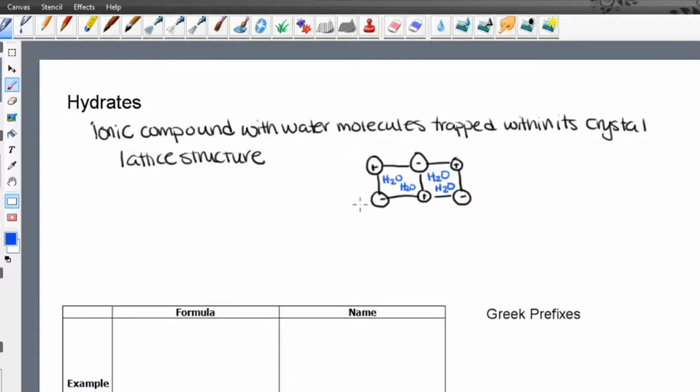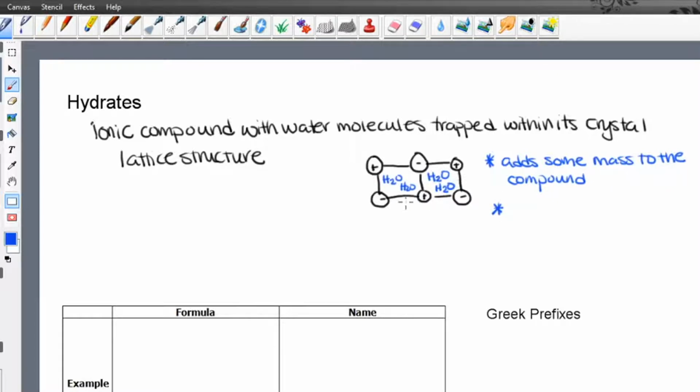So there's no chemical bond happening here, but this additional water inside the structure adds some mass. So hydrates have added mass compared to the normal ionic compound. And because of the water that's in there, it also changes the compound's ability to reflect light.